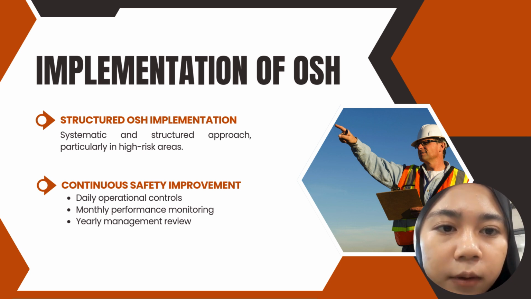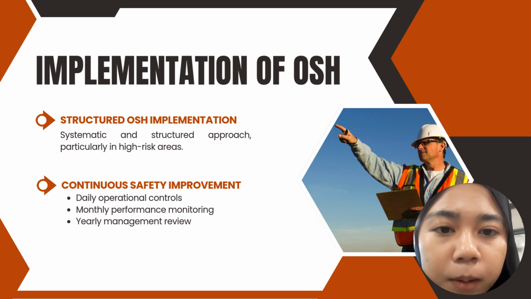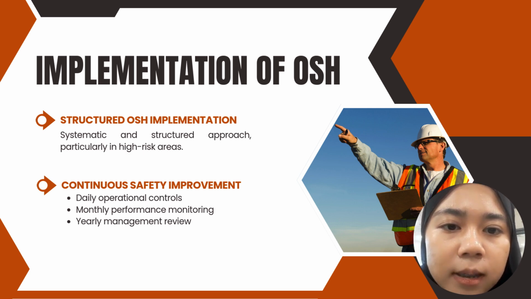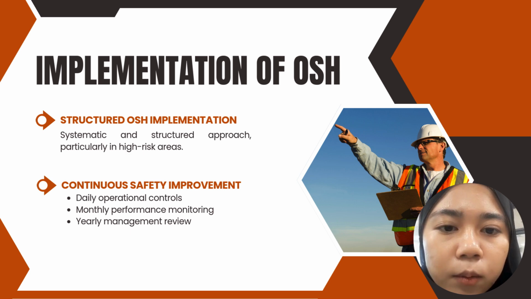In industrial environments, especially chemical-based industry, OSH is essential because workers are exposed to hazardous substances, high-pressure systems, machinery, and confined spaces. At B. Braun medical industry, OSH plays a critical role due to the use of ethylene oxide in the sterilization process, which is toxic, flammable, and carcinogenic. Therefore, strict safety management systems are required to protect workers, products, and the surrounding environment.